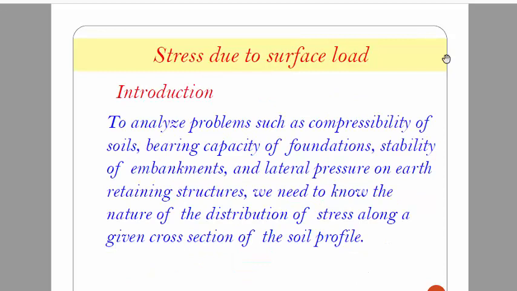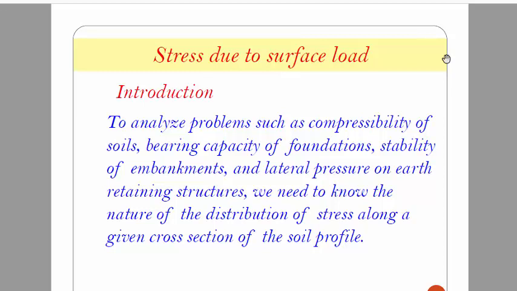Basically, to analyze problems like compressibility of the soil, bearing capacity of foundation, stability of embankments, and lateral pressure on earth retaining structures, we need to know the nature of distribution of stress along the given cross section of a soil profile. If you find the compressibility of soil, that means how much that soil compresses due to an applied amount of load.